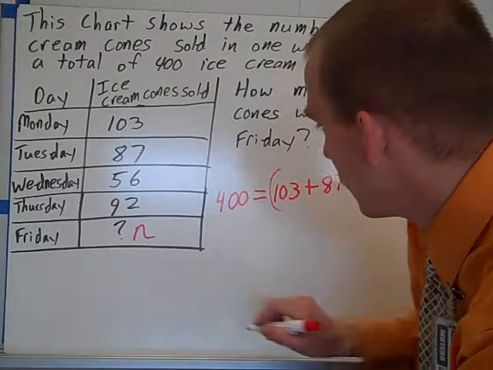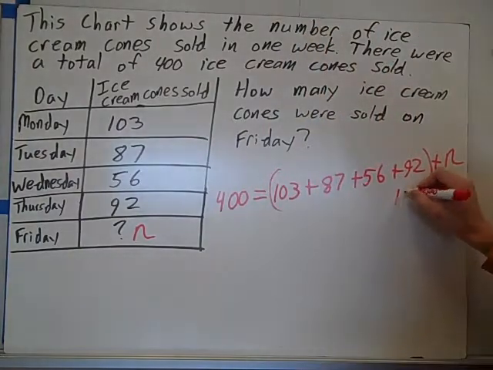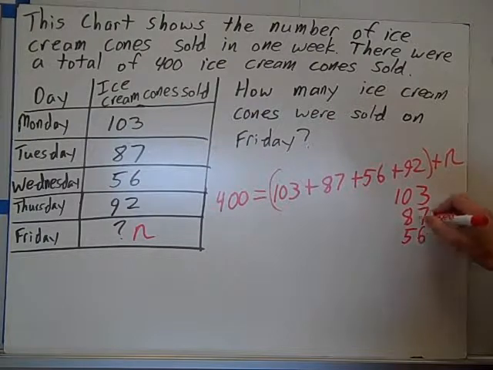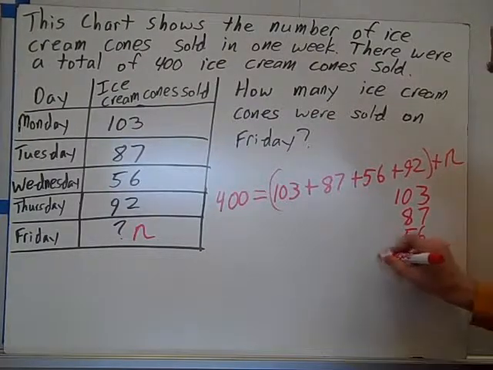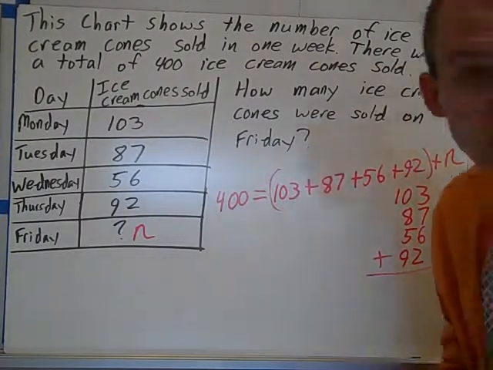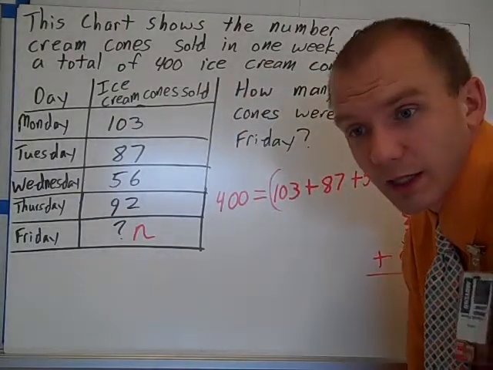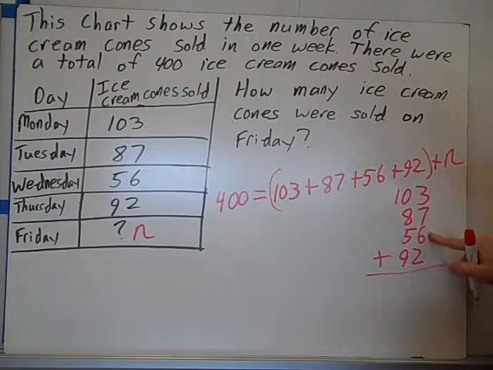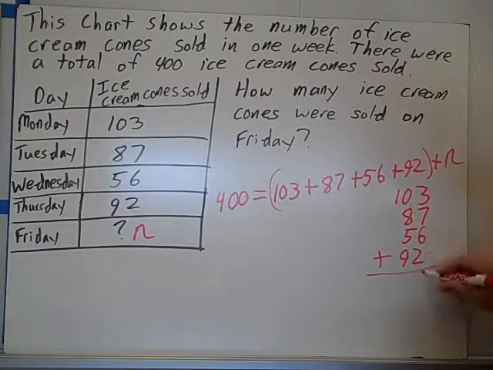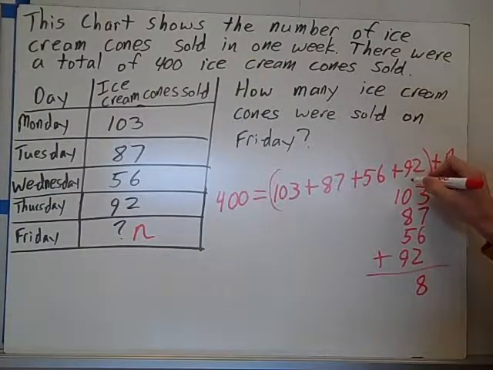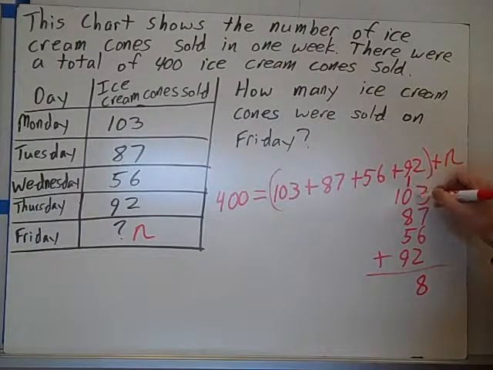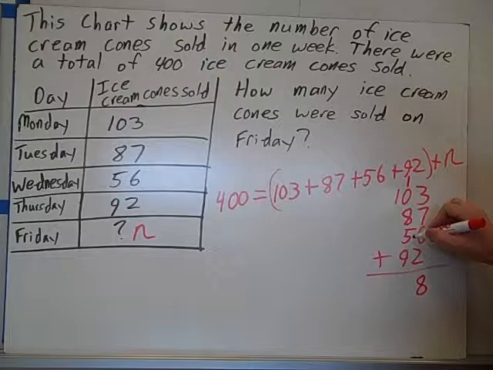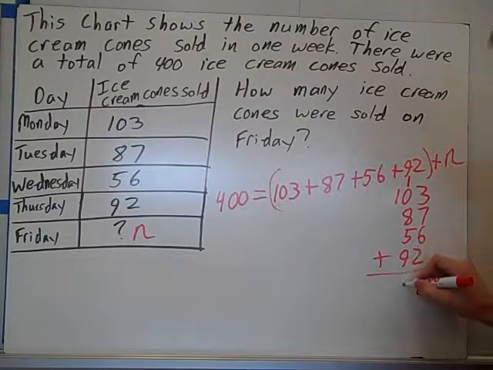So let's work this out: 103, 87, 56, 92, lining up my place values. Be careful because I might be regrouping more than 10, like I might be regrouping 20s. 3 plus 7 is 10, plus 6 is 16, plus 2 is 18. 8, regroup that 1. 1 plus 0 is 1, plus 8 is 9, plus 5 is 14, plus 9 is 23.